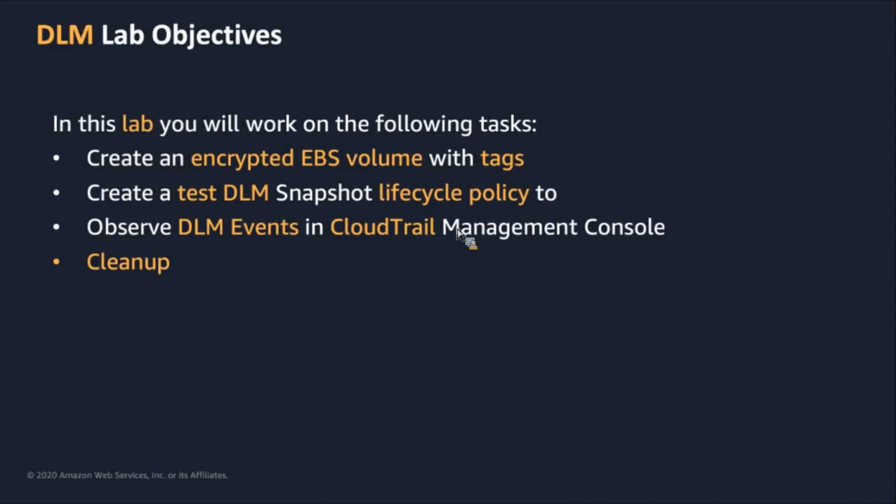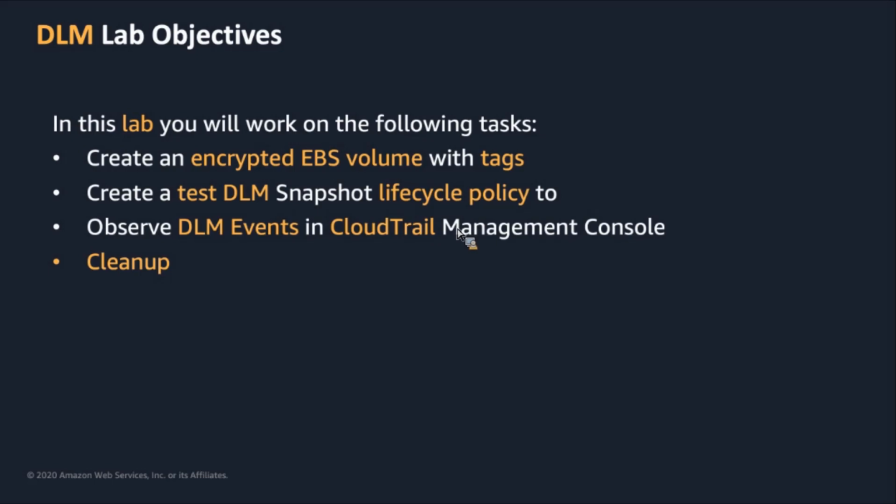Objectives. First, we will create an encrypted EBS volume with tags, and then create a test DLM policy. After that, I will show you how DLM events are logged in the CloudTrail Management Console. This data is very critical for you because you will see the success of each of the policy tasks of the DLM policy you just created.